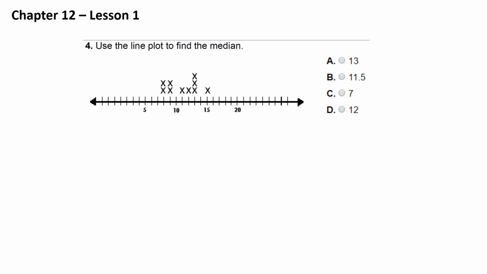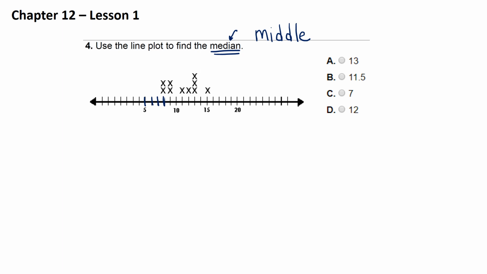Question number 4. Use the line plot to find the median. The median, again, has an I in it, and that helps us remember that it is the middle number. So we have 5, 6, 7, 8.